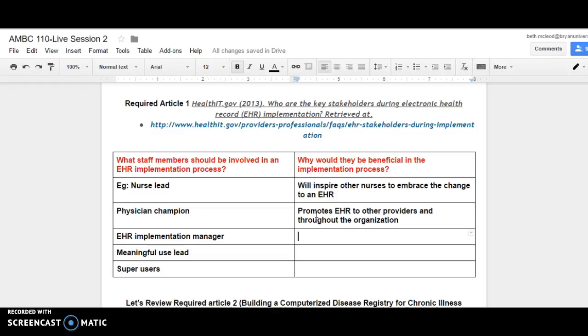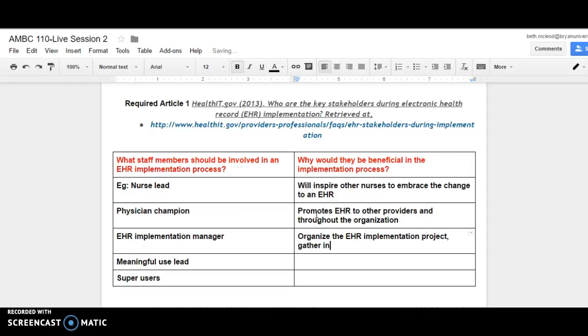EHR implementation manager is basically someone to get everything ready and organize the project, whether it be gathering information from the vendors about the EHR software programs, or getting requests for information and requests for proposals. They would be in charge of that.